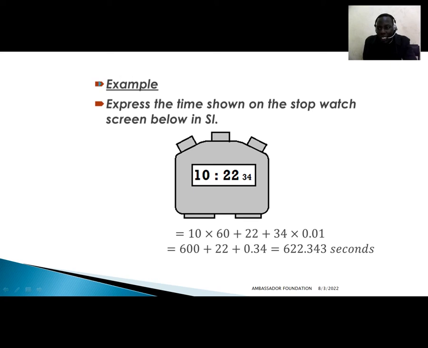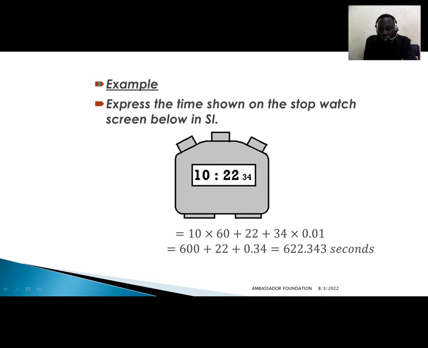34 is the centiseconds. I saw somebody saying that 4 is the milliseconds. No, the third column there is the centisecond. So here we have 10 minutes, 22 seconds, and 34 centiseconds. How do you record this time? First of all, convert the 10 minutes to seconds, which is 600, plus 22 seconds equals 622. Then 0.34.